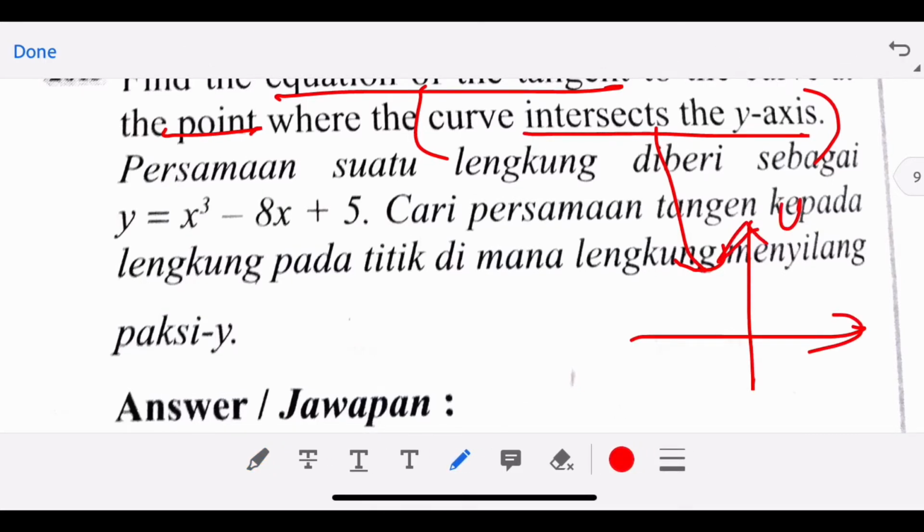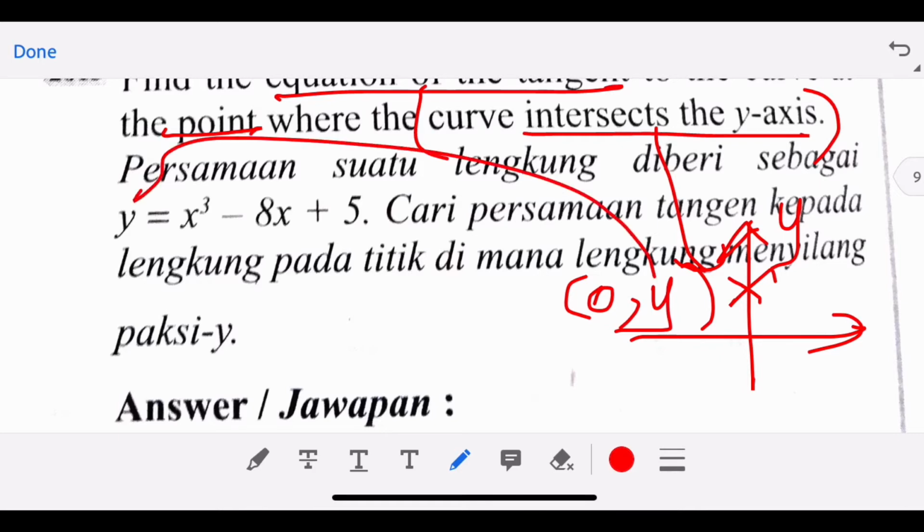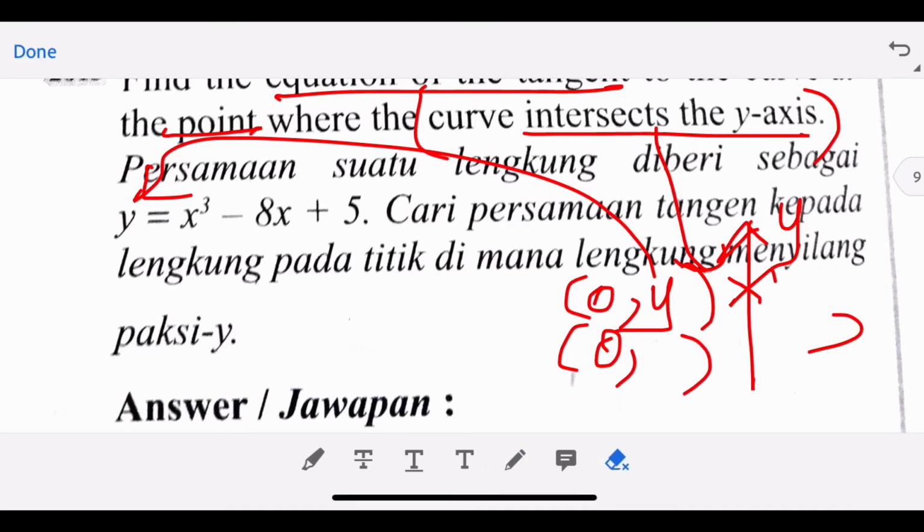So you just draw out the y. Okay, there is a curve, cut the y-axis, so obviously the x will be 0, right? Alright, it will be 0, and the y value you can obtain from the curve. You substitute x equal to 0 into the curve, so your y is 5. So it means that the curve is actually intersect the y-axis at (0, 5), right?